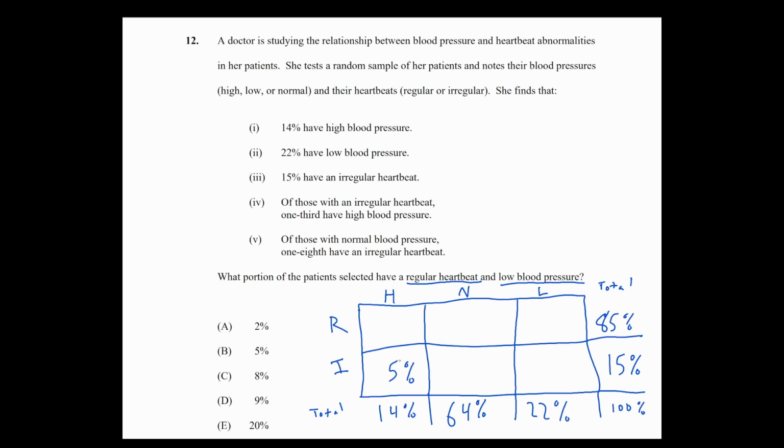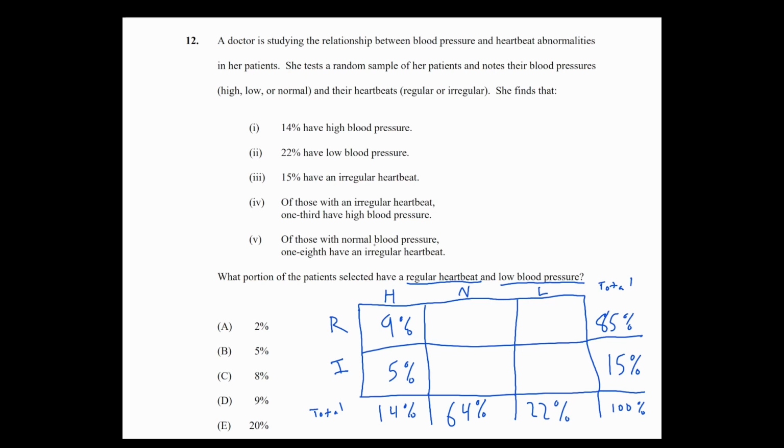So of those people with high blood pressure, how many have a regular heartbeat? It's going to be 14% minus 5%, which equals 9%. We don't really need that information, but it's an example of how to use this table.